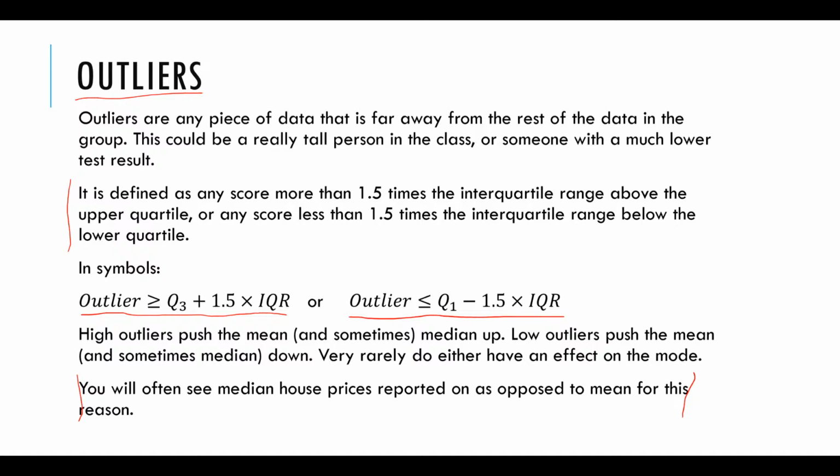So when you watch the ABC or read newspapers, you'll often see them report the median house prices for these very reasons. The median is less affected by these outliers, which makes it easier for people to understand the average price. But the house prices of the big ones do still count. They are still in the list. They don't have to be removed. Okay, so let's test those calculations on the next slide.